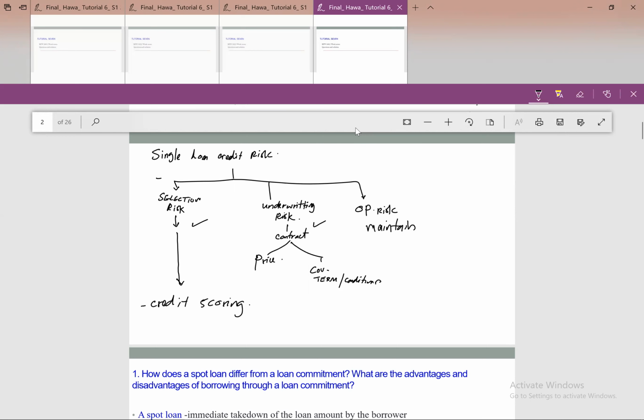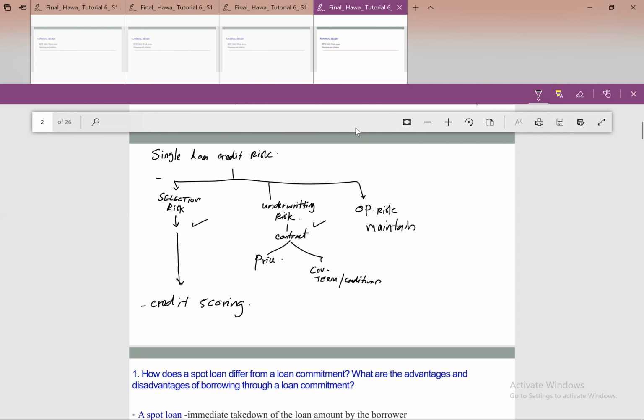And then for any application, you will check the characteristics and the information of the new application, and see whether it meets what we call the benchmark or not. If it meets the benchmark, then you give the loan, and if it doesn't, you just reject the loan.